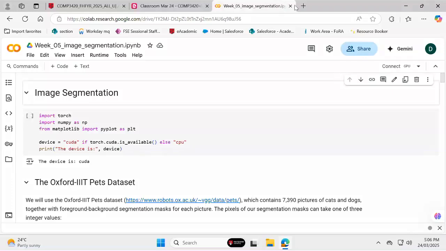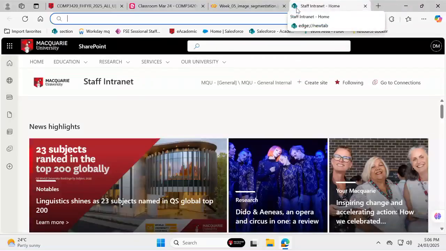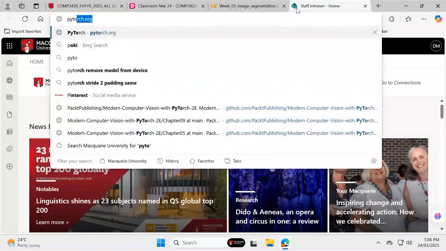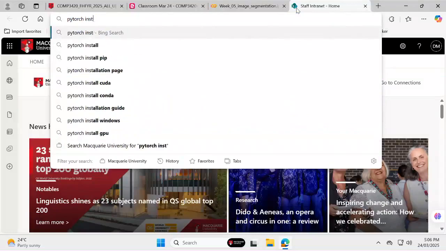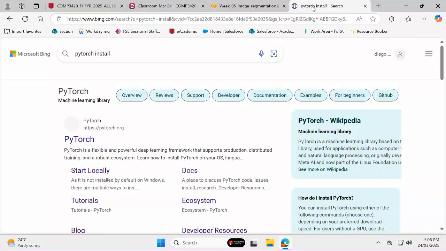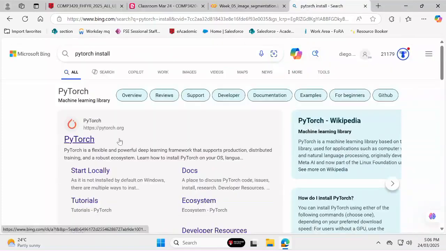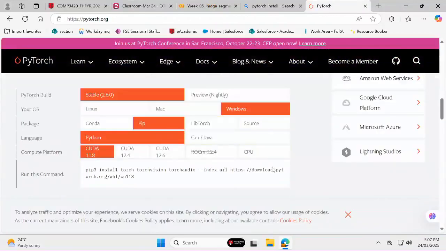Actually, let me just have a look. No, sorry, not by default, but it's very simple. They have a very nice grid. I don't know if you went to here. Oh, yeah. So how to install PyTorch?